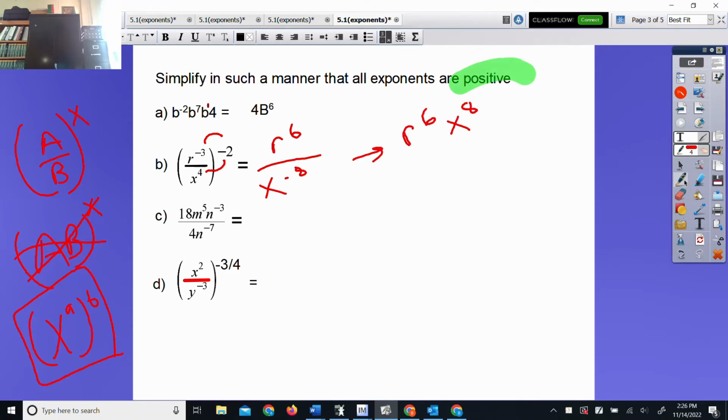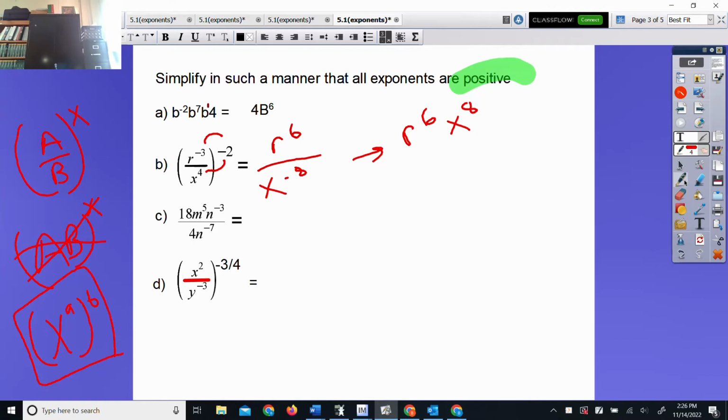The exponent's negative, shift it. It's negative in the numerator, put it in the denominator. It's negative in the denominator, put it in the numerator. That's all you do. Any questions on that? Guess not.